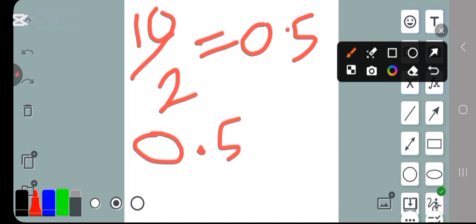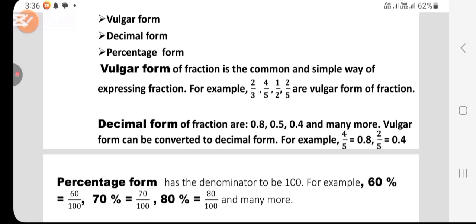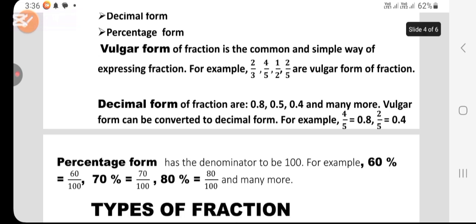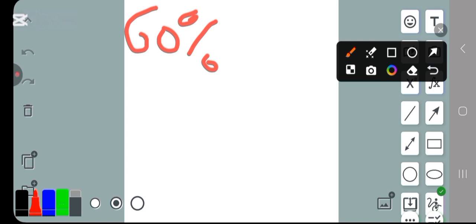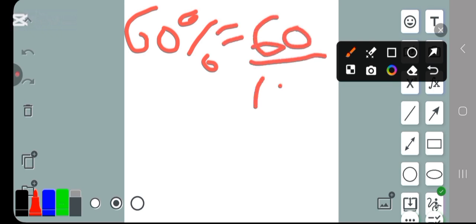So let's proceed. Now we are looking at the percentage form of fraction. In the percentage form of fractions, 100 is the denominator. The percentage form of fraction has a denominator of 100. For example, 60% is 60/100.